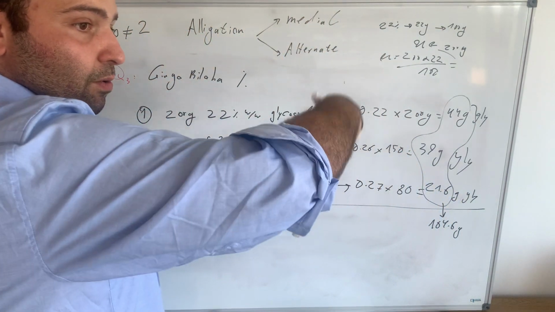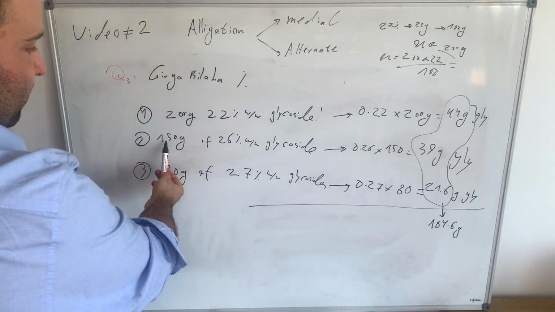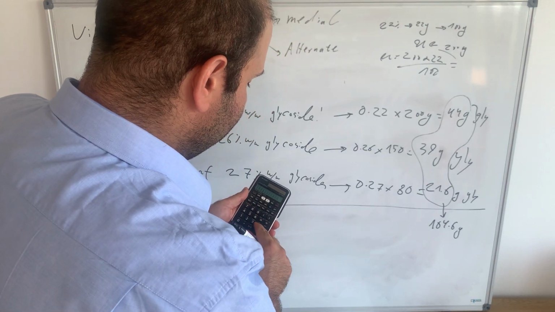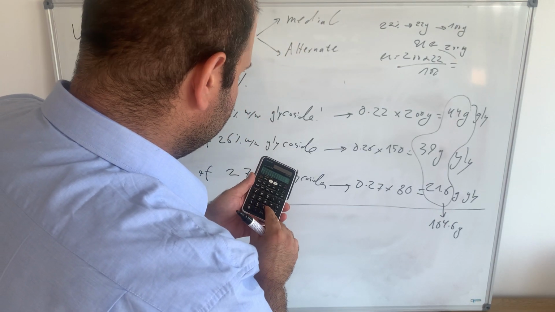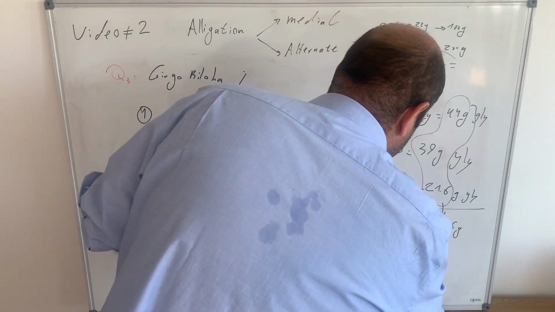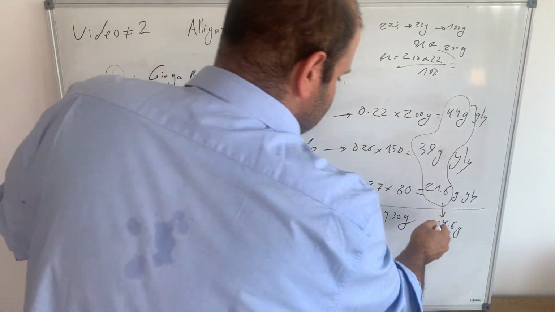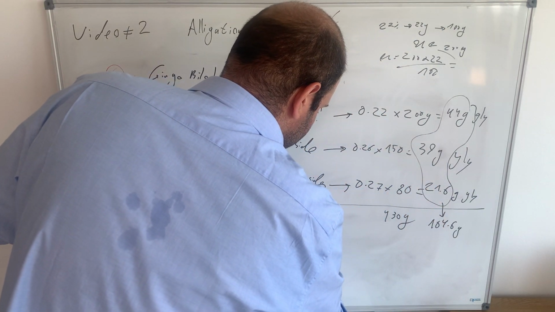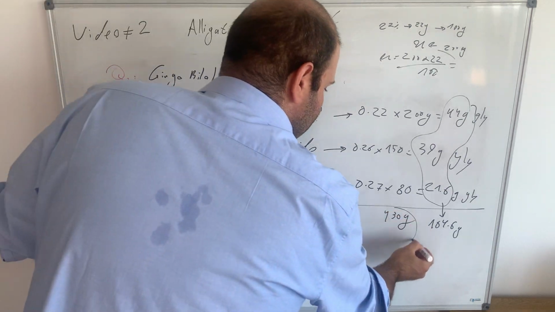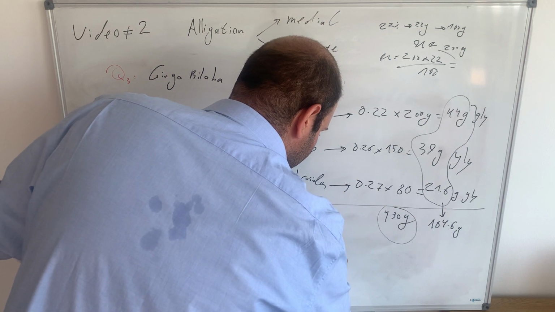And what is the amount of leaves in this bag? 200 gram plus 150 plus 80. Use calculators. That is 430 gram. So there is 104.6 gram of glycoside in our bag, which weighs 430 gram.